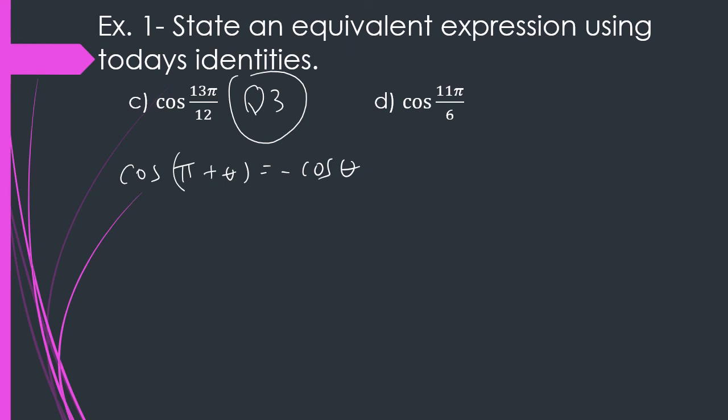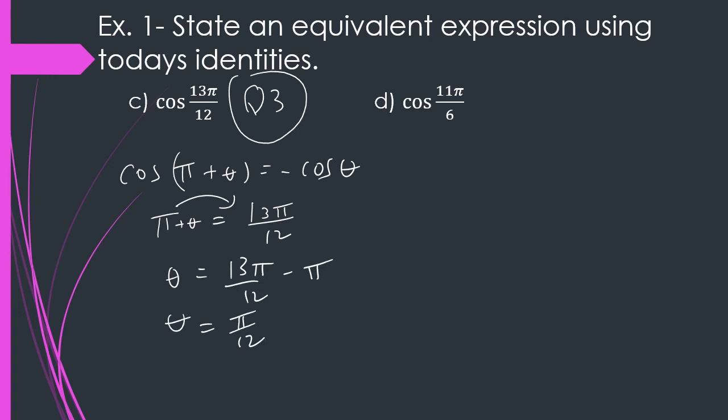So really all you're doing is solving an equation, right? We know that pi plus theta equals 13 pi over 12, and I want to solve for theta. Bring over the pi. 13 pi over 12 minus pi. 13 over 12 minus 1, that just gives you pi over 12.